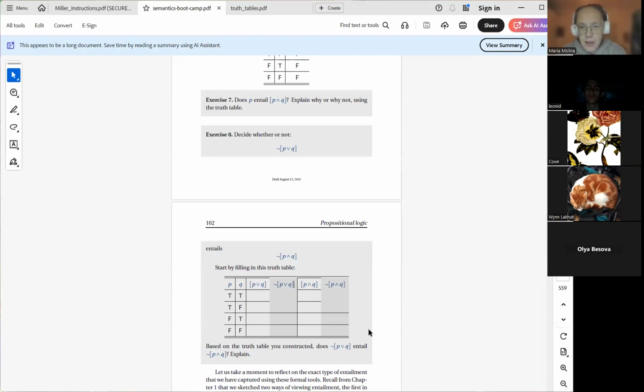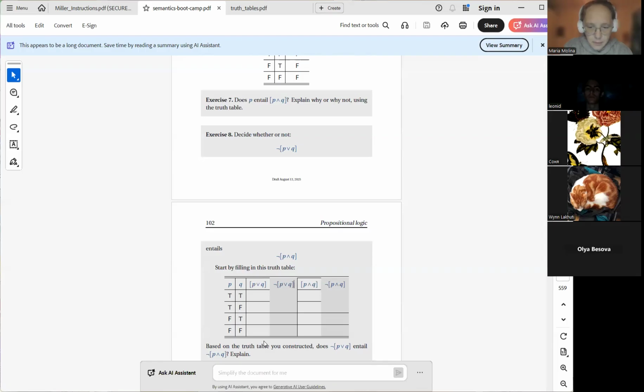Negation of P and Q. One moment. Notice here, it's not both raining and windy, and it is equivalent to either it isn't raining or it isn't windy. One moment.